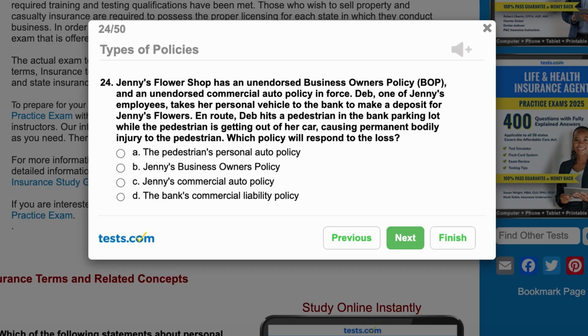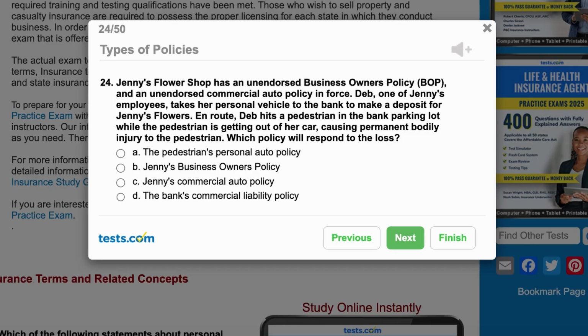Question 24. Jenny's Flower Shop has an unendorsed business owner's policy, or BOP, and an unendorsed commercial auto policy in force. Deb, one of Jenny's employees, takes her personal vehicle to the bank to make a deposit for Jenny's flowers. En route, Deb hits a pedestrian in the bank parking lot while the pedestrian is getting out of her car, causing permanent bodily injury to the pedestrian.